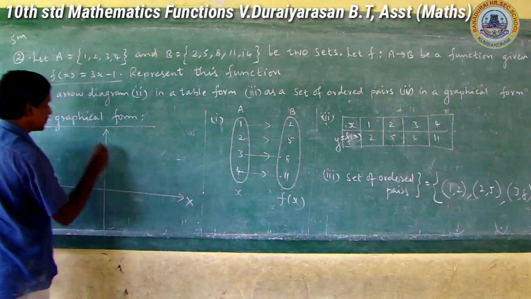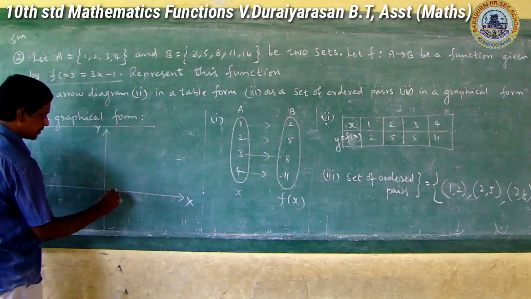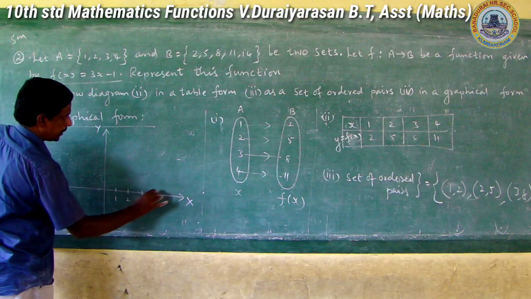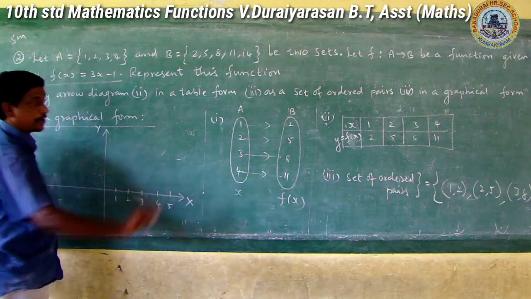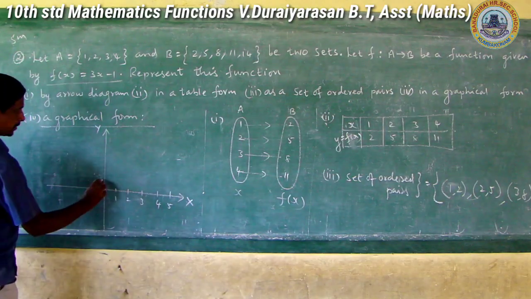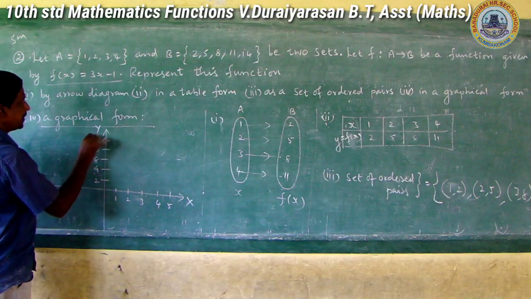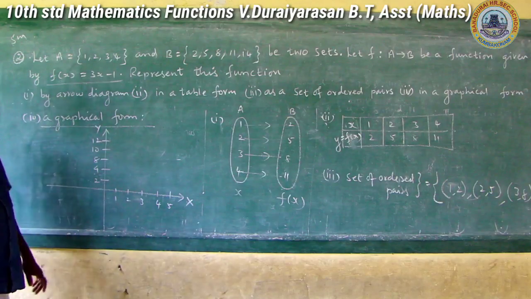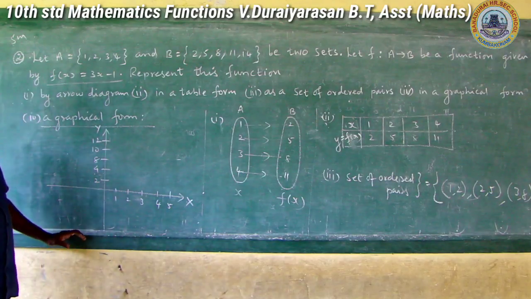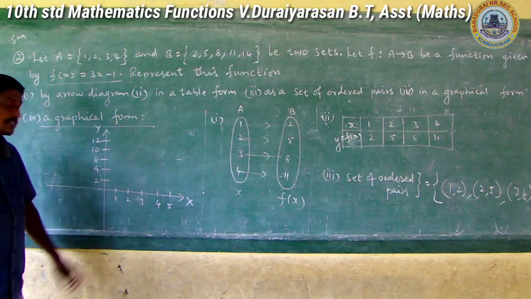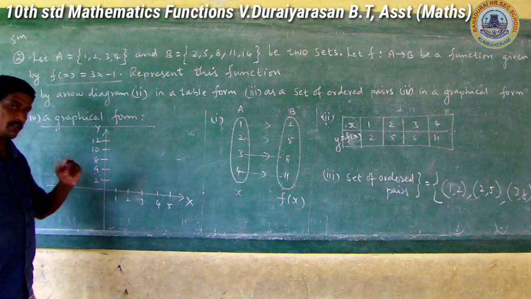This is x-axis. This is y-axis. 1, 2, 3, 4, 5 and so on. 2, 4, 8, 10, 12, and so on. The scale: on the x-axis, 1 centimeter is equal to 1 unit.